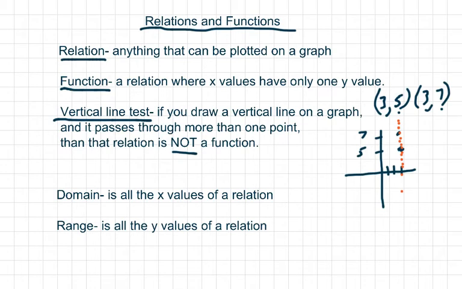I go through more than one point when I draw that vertical line. So that tells me it's not a function. So we already knew from the definition of a function that this x value of 3 had more than one y value. But if we didn't have those points and we just had 2 points on a graph, we could draw a vertical line. All right, so now let's keep going here.